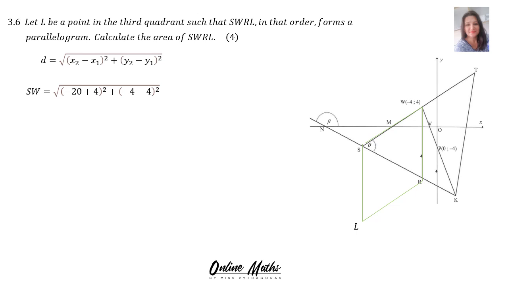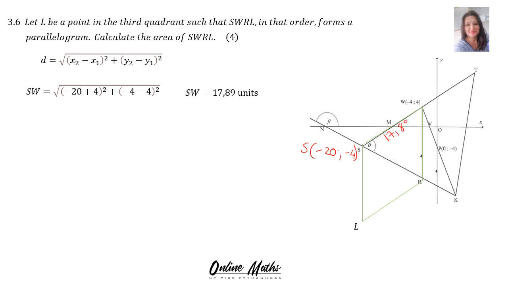And into the distance formula, we're going to work out the length of SW. But what we need is the coordinate for S is -20 and -4. Remember, we calculated that one.